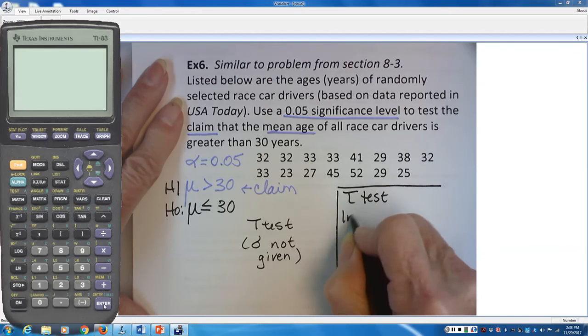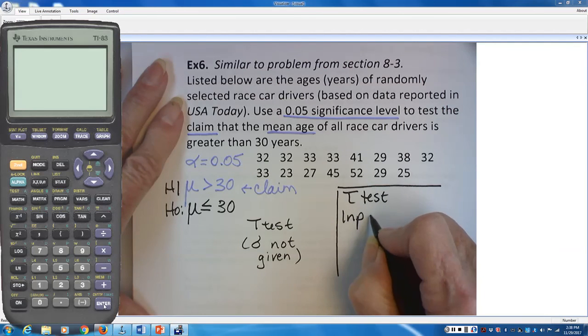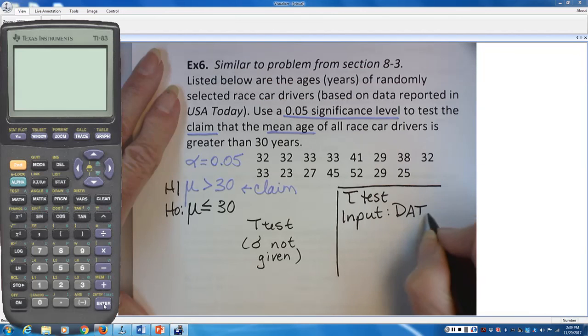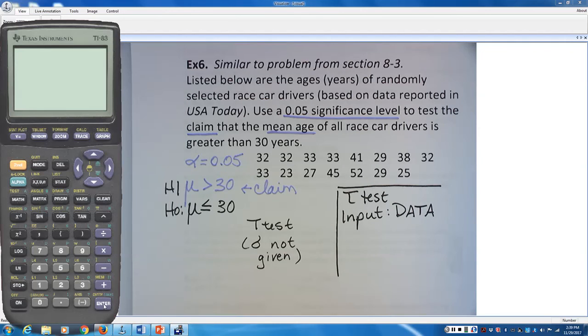But the input isn't going to be from stats. It's going to be from data.